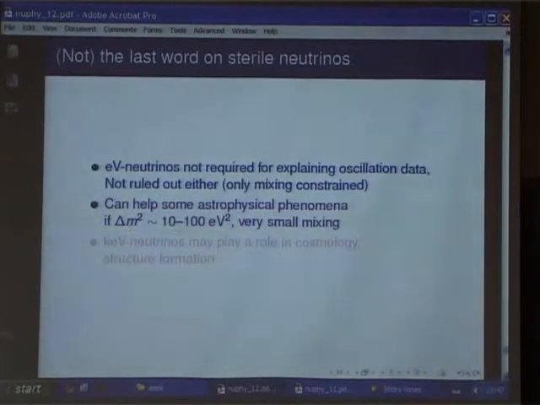But then we need delta m square of the order of 10 electron volts. And then you can have keV neutrinos, which can play a role in cosmology or structure formation. So this is the bottom line essentially. Electron volts not required. 10 electron volts square, good for astrophysics.